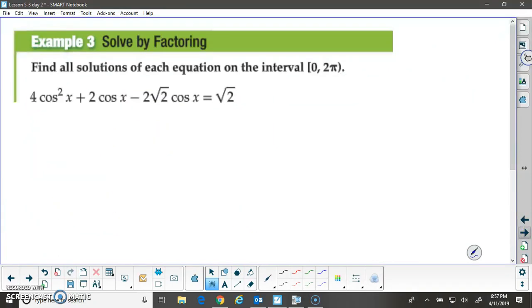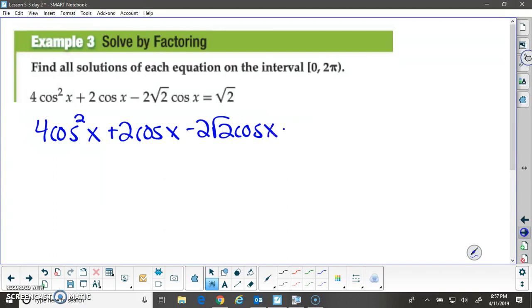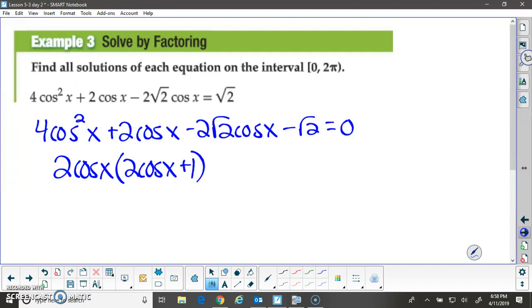So here's an example of a factor by grouping problem with trig functions. Your first step would be to move everything onto one side. And now we can factor out of the first two terms a 2 cosine of x, leaving us with a 2 cosine of x plus 1.